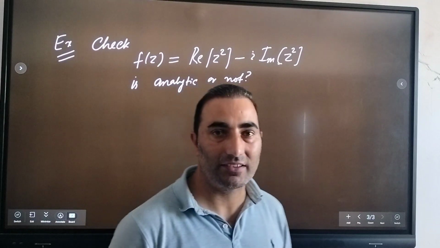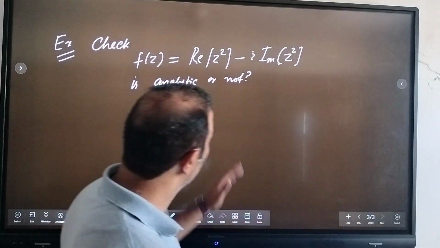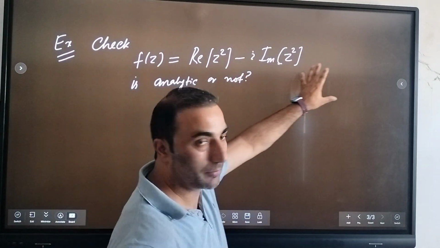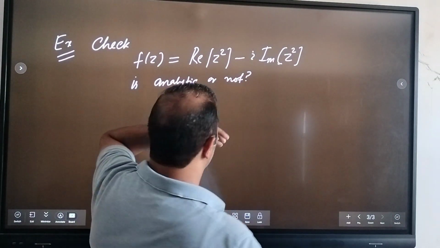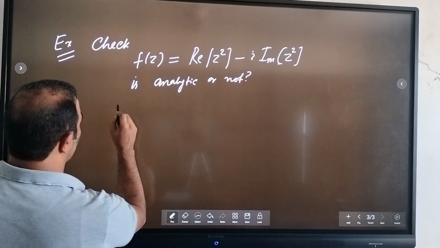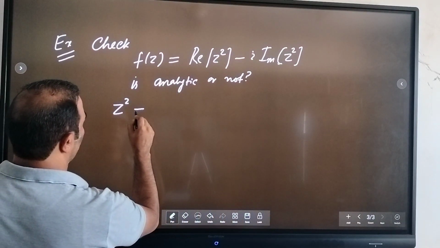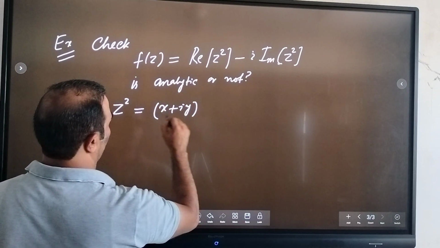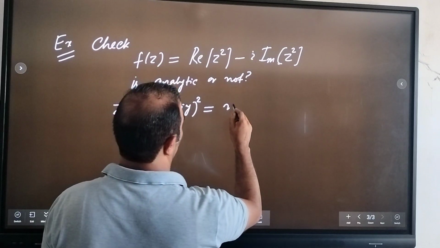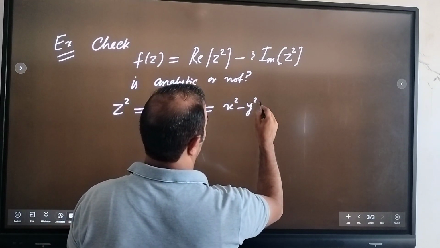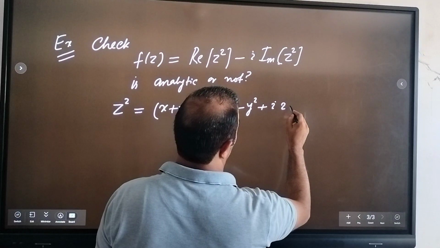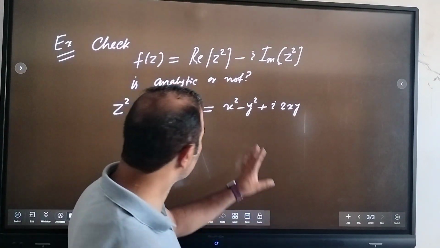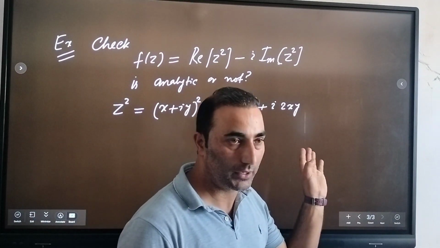We need to check whether this function is analytic or not. Before that, we have real and imaginary values of z square. So I can write z square as x plus i y, squared. I can expand this z square in this form.